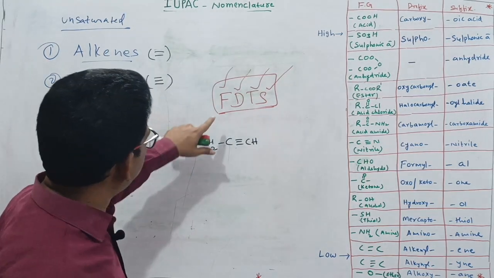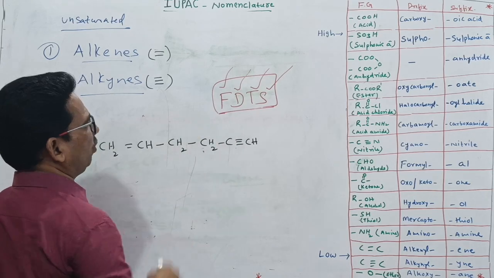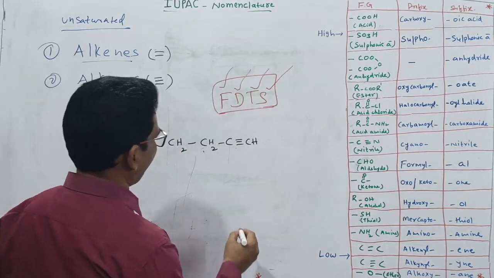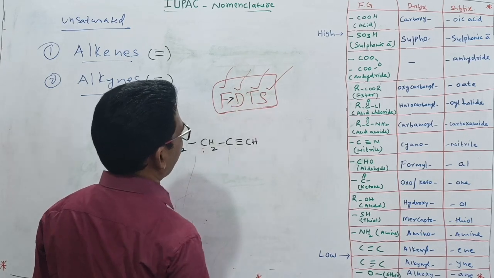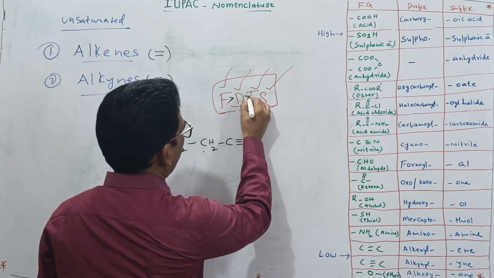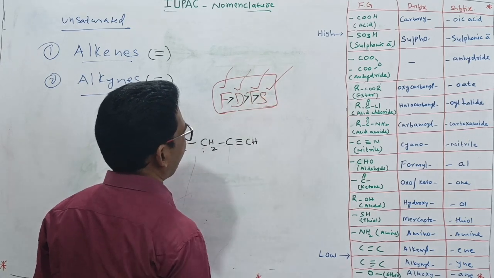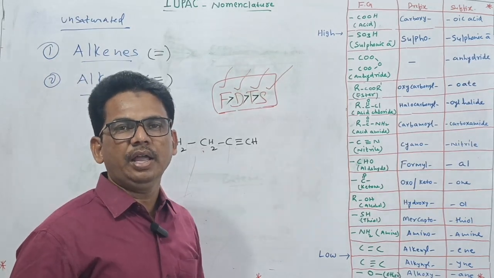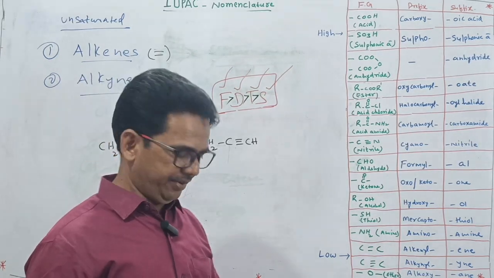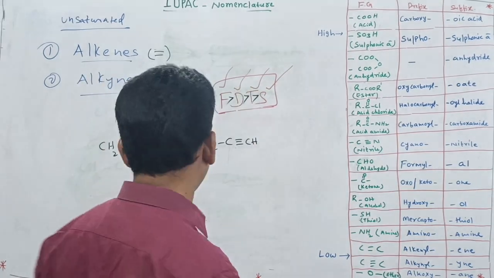At that time, this rule FDTS says the functional group has more priority than the double bond, the double bond has more priority than the triple bond, and the triple bond has more priority than the substituent, according to IUPAC. Okay, not my rule, it is the IUPAC rule.